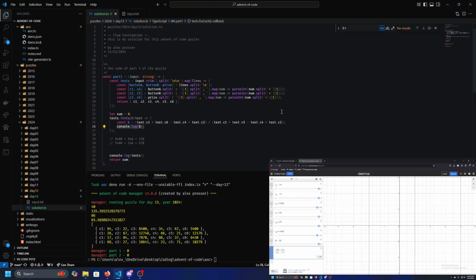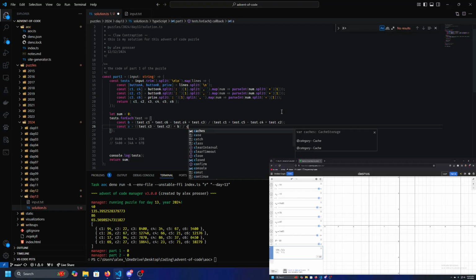All right, and then now I gotta figure out A, which is actually pretty simple because I figured out B. Test dot C3 minus B all over C plus C1.